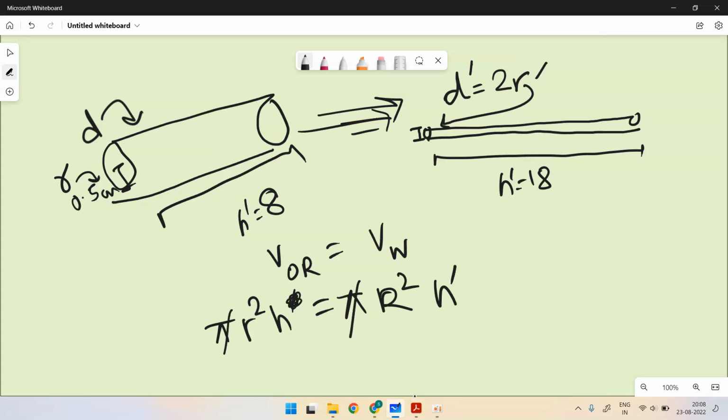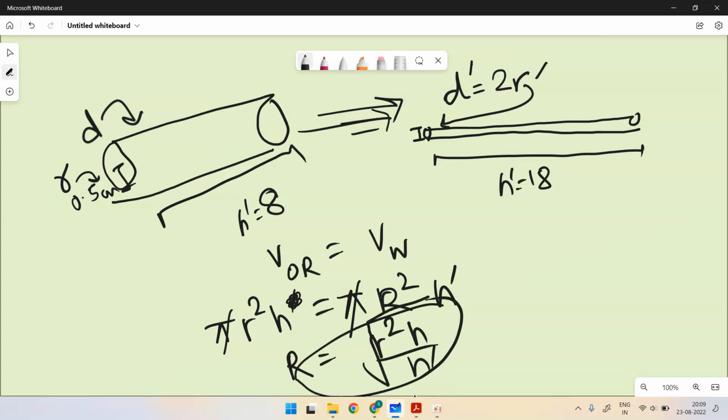Pi and pi get cancelled, and if you want to find r dash, it is r dash square equals r square h by h dash, so r dash equals r under root h by h dash.